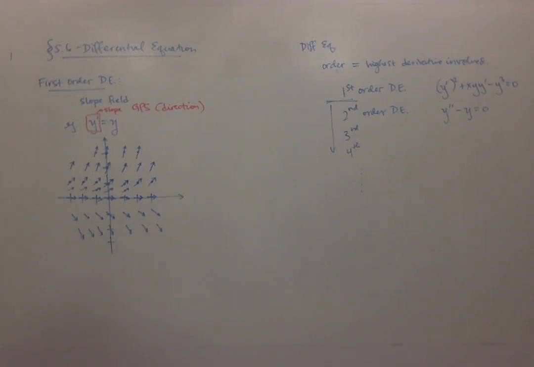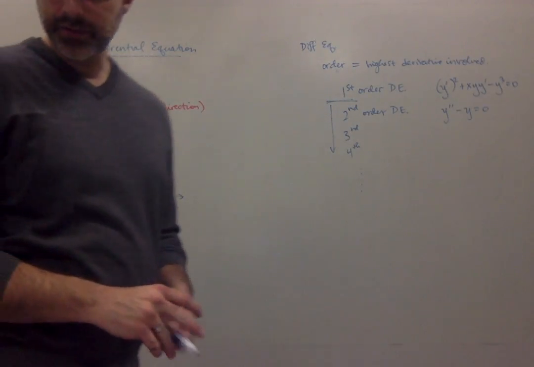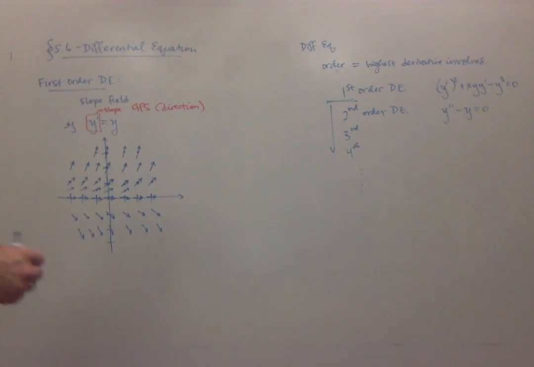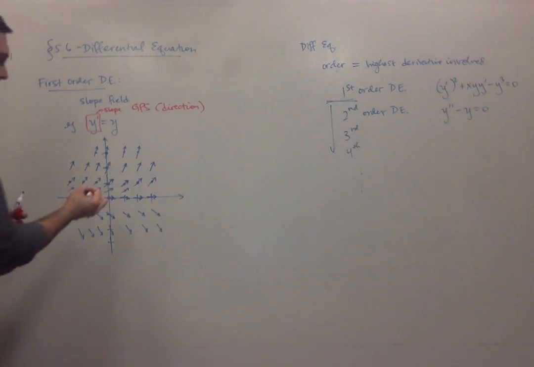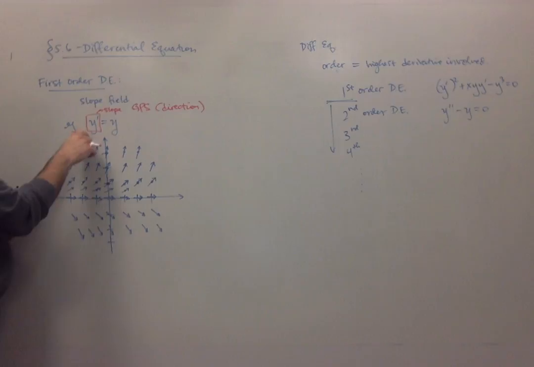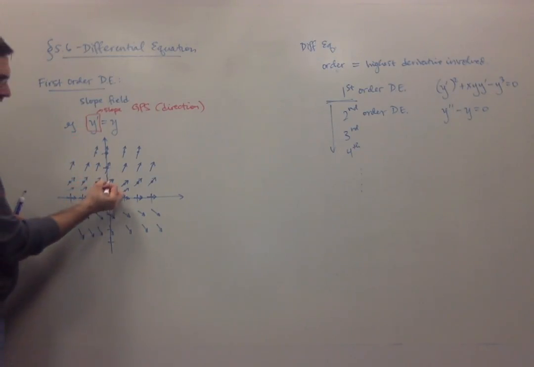Now, what this actually helps us do is we can pick a particular starting point and imagine we were following the GPS of the differential equation and saying, right here, what direction do I need to go? And I start going that direction, and when I go out, I'm going to hit another arrow, which is going to tell me to go in another direction.